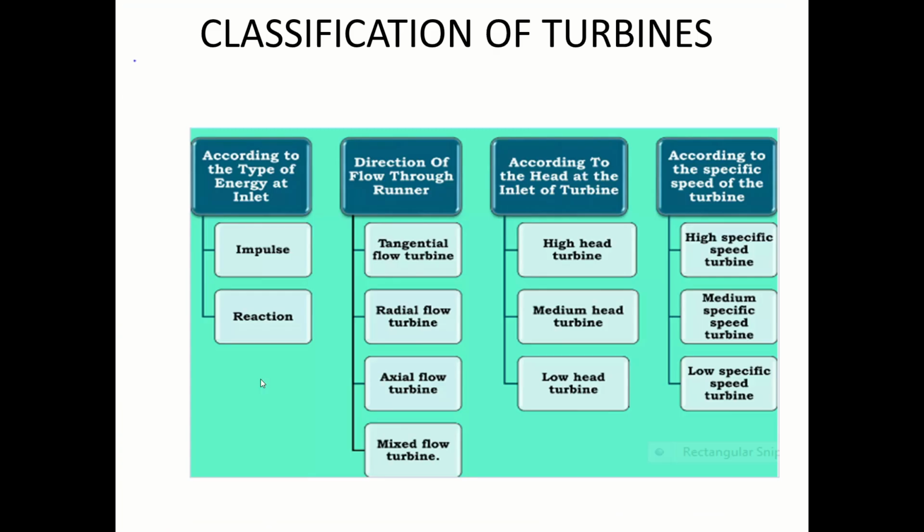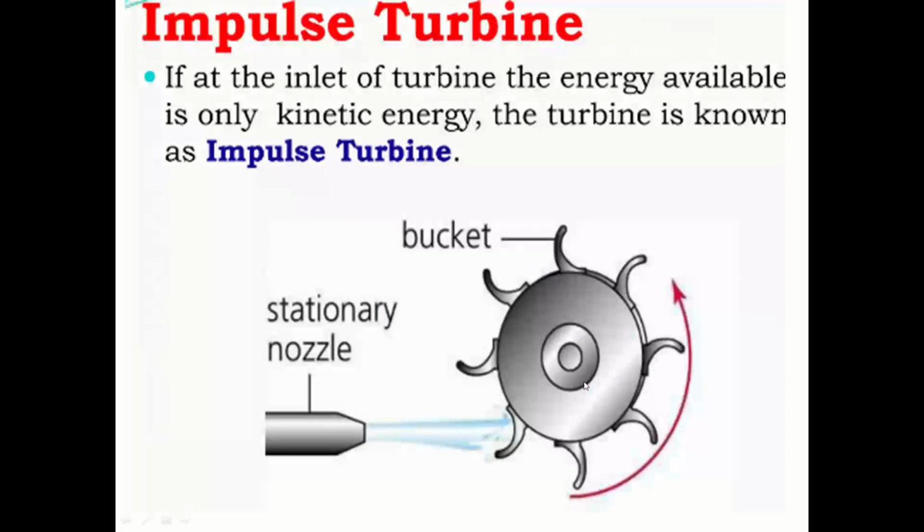I have already told you the classification, right? According to the type of energy, I told you it is kinetic energy in the case of an impulse turbine. And according to the direction of flow through the runner, 4 types are there. According to the head at the inlet of the turbine, 3 types are there. According to the specific speed of the turbine, 3 types are there, right?